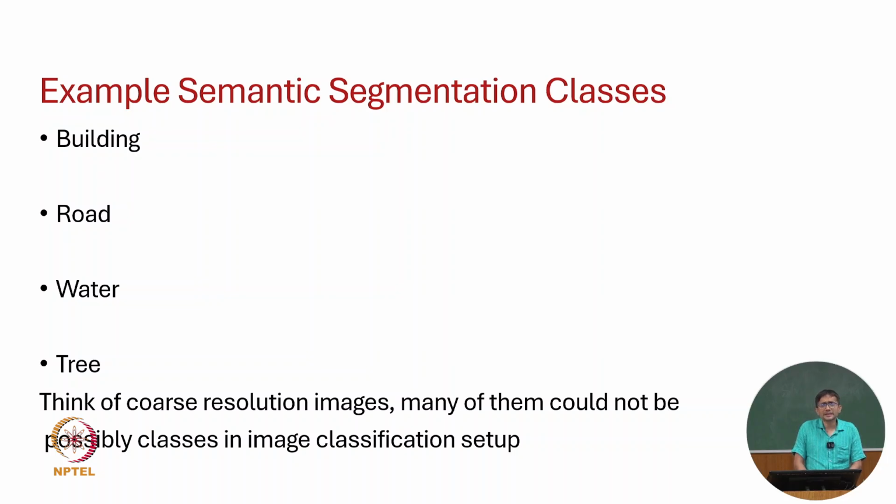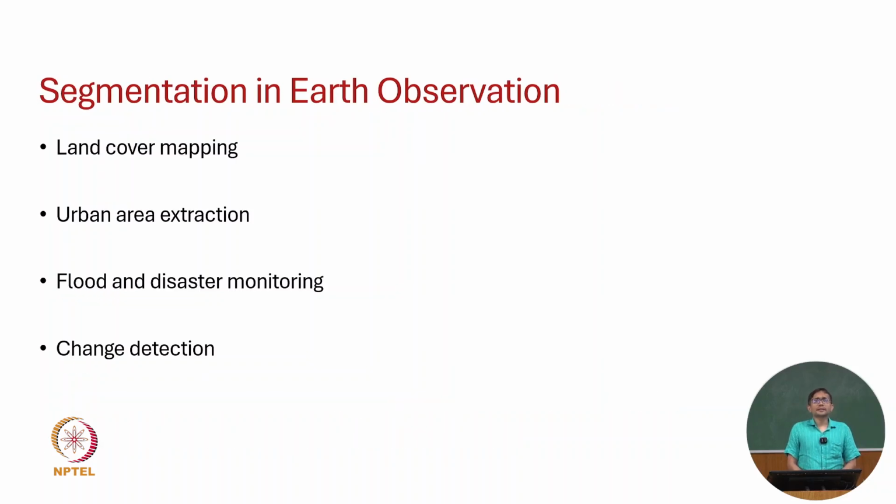So many of these would possibly not be a class if we were talking about image classification, in the sense of assigning just one label to the entire image, right? Segmentation in Earth observation has many applications, including land cover mapping, urban area extraction.